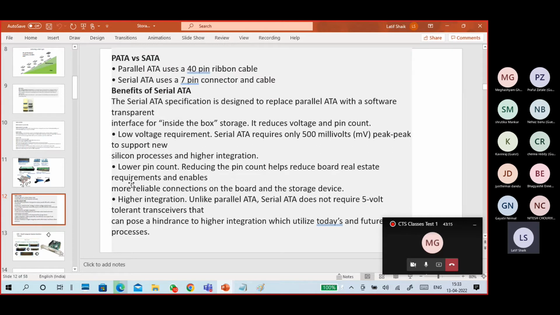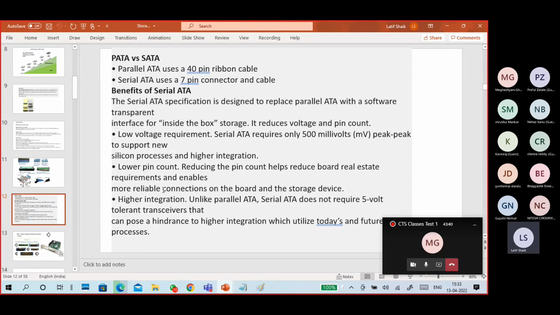If you didn't study earlier, you can't tell it, but you have to tell it, even if you didn't read it earlier. Just say: low voltage requirement, lower pin count, higher integration. I'm not reading line by line, only these parts, then going back.